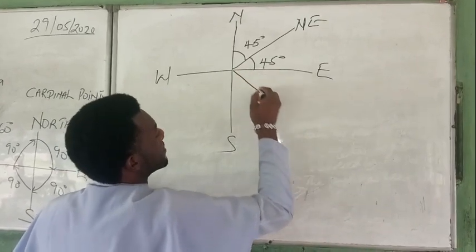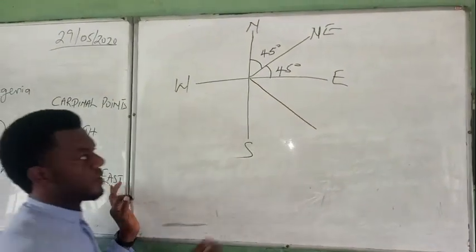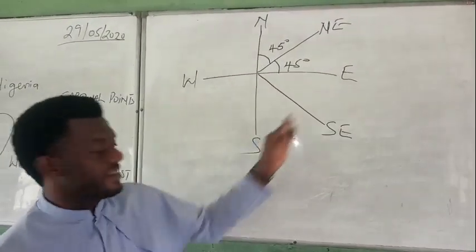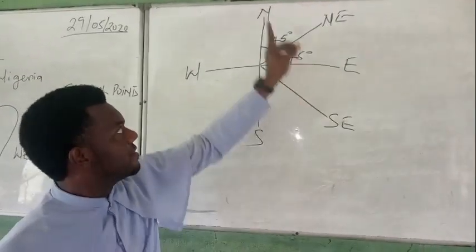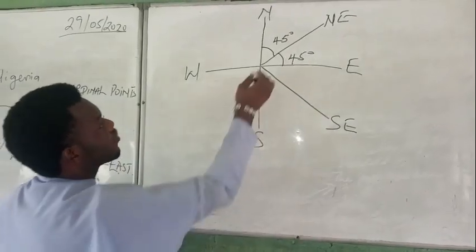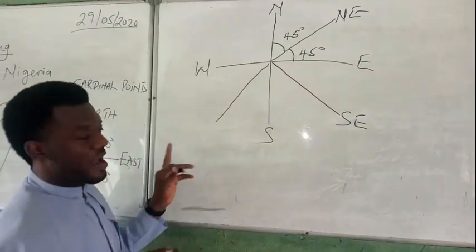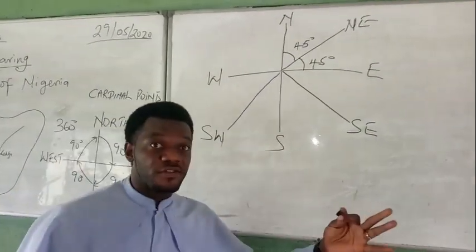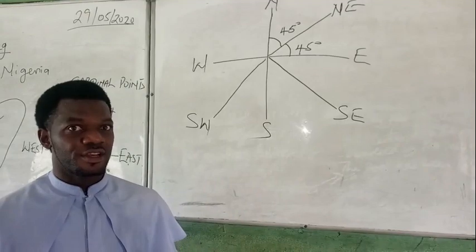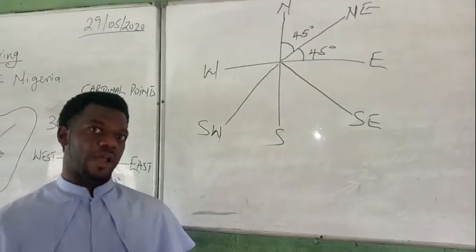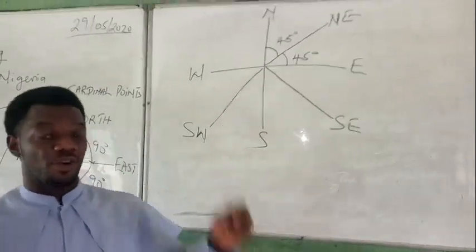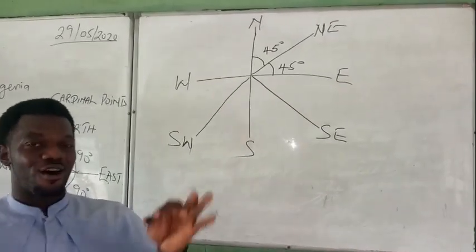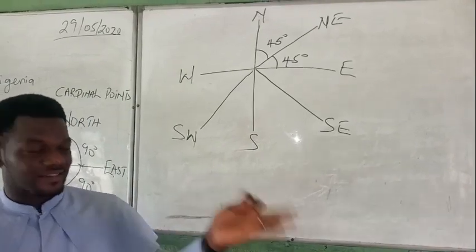In between the south and the east, we have the southeast. We don't call it east-south, we call it southeast, northeast. Then in between the south and the west, we have the southwest. Remember, it is either north something or south something. It must be northeast, northwest, southeast, or southwest.